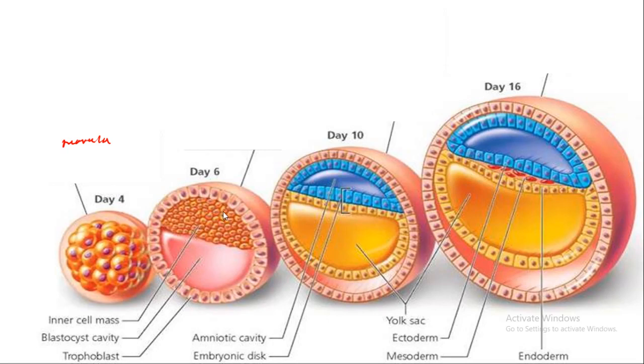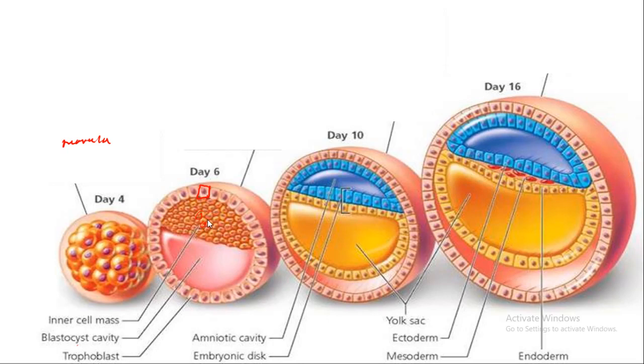You have the outer cell mass and the inner cell mass. The outer cell mass is known as the trophoblast, and the inner cell mass is known as the embryoblast. It is the inner cell mass which forms the future embryo.